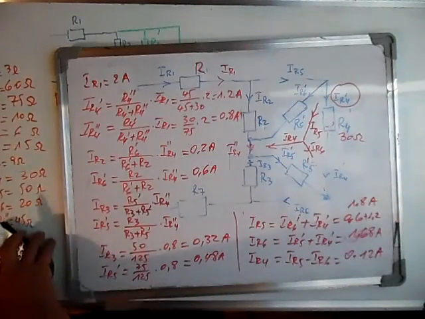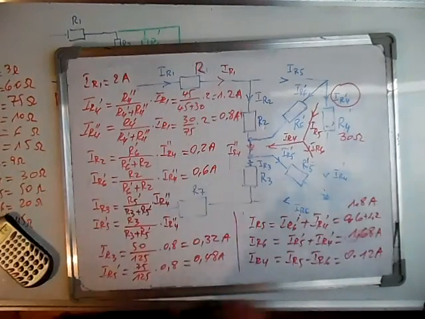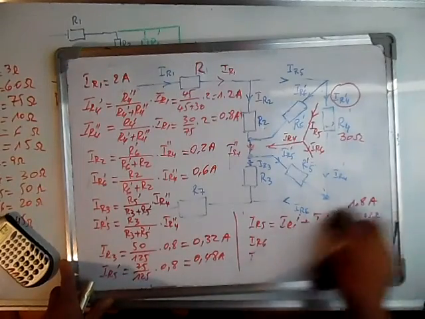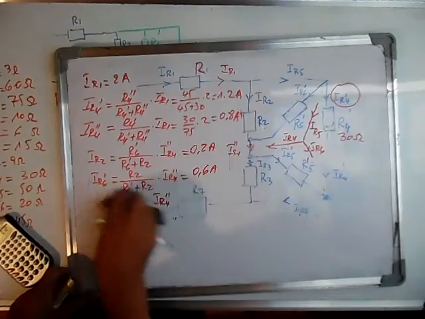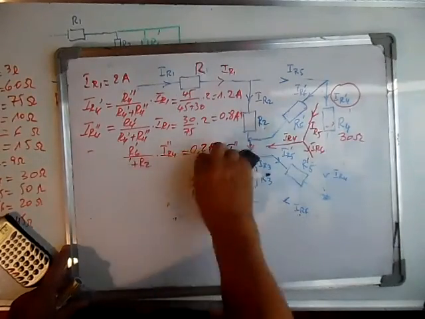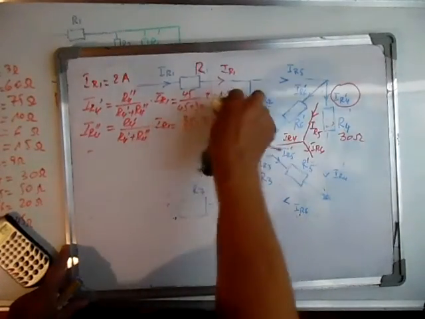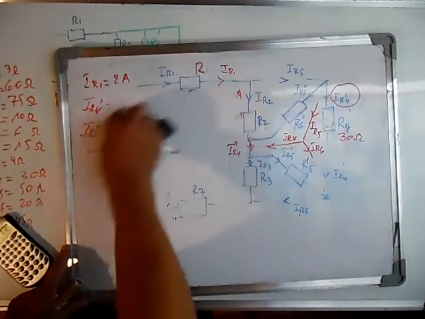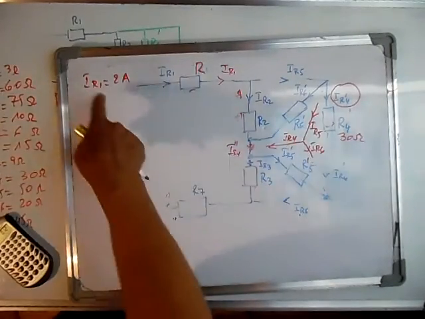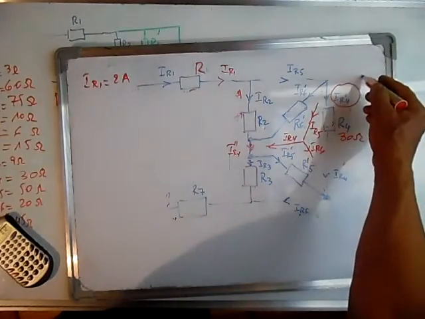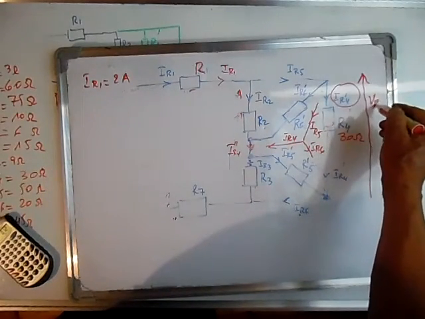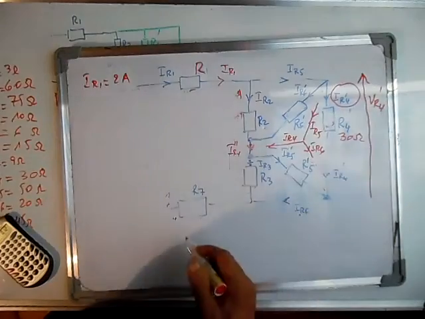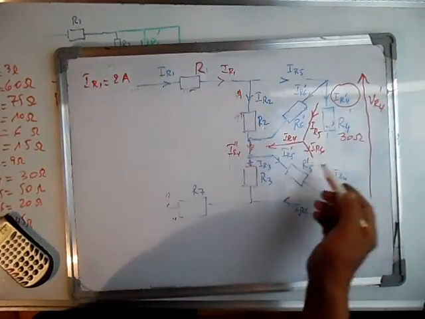We can use, of course, the voltage divider to calculate all the currents. I will explain. If you use voltage divider, then to proceed this way, we have IR1. We can calculate this voltage using a voltage divider.